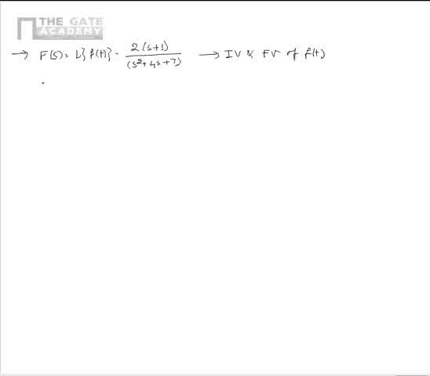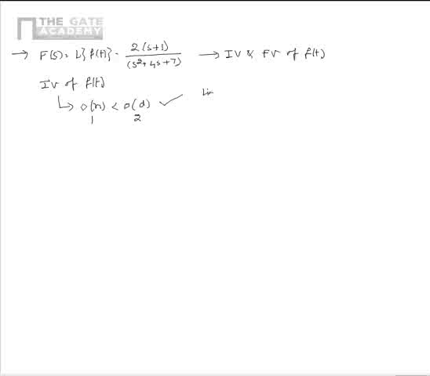The initial value can be found using the initial value theorem, and the condition is that the order of the numerator should be strictly less than the order of the denominator, which is satisfied here because the order of the numerator is 1 and the order of the denominator is 2. Order is the highest power of s.